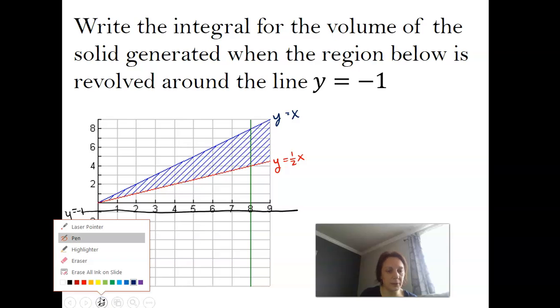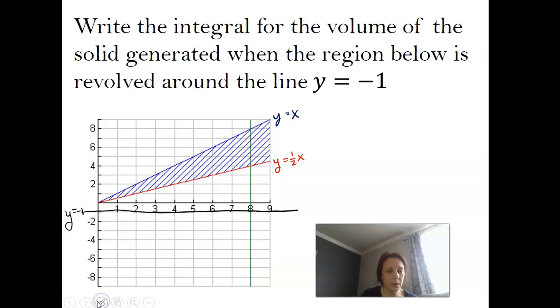So if I want to revolve that area that's labeled there around the line y equals -1, then I need to reflect this area, not over the x-axis, but over the line y equals -1.